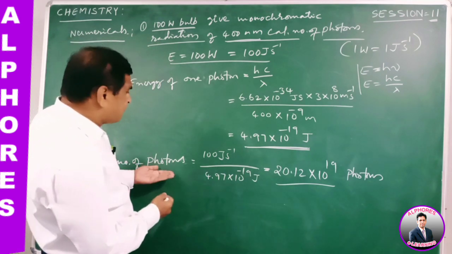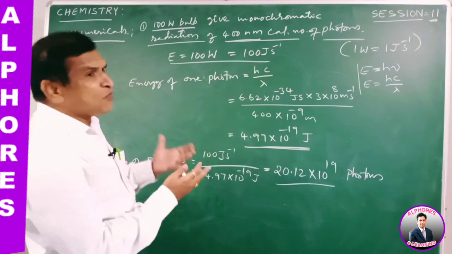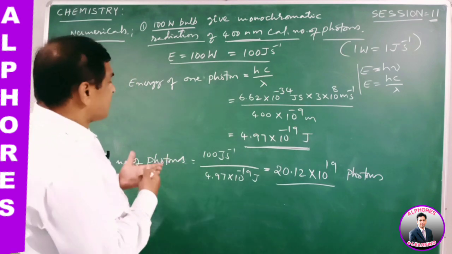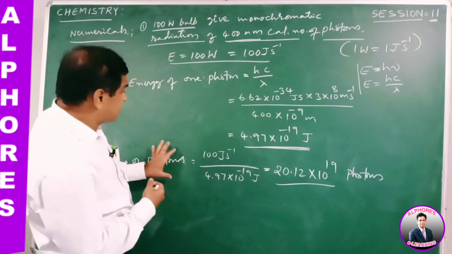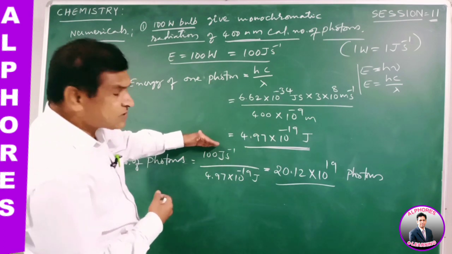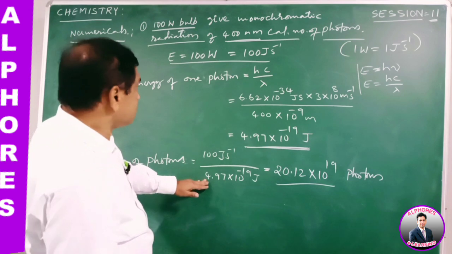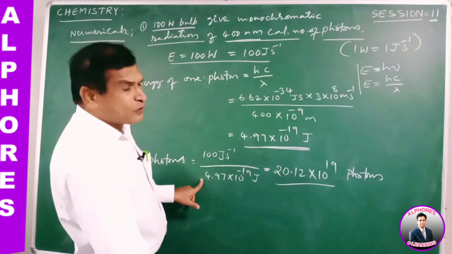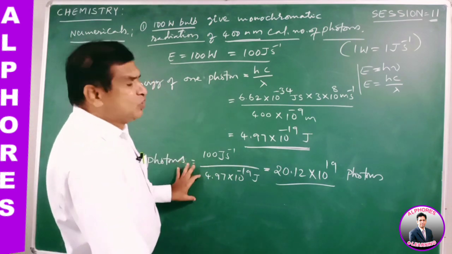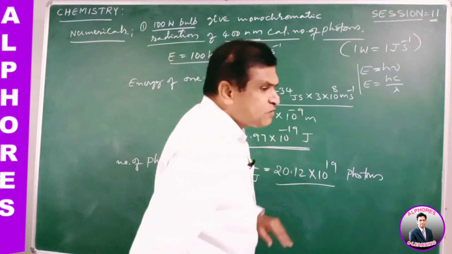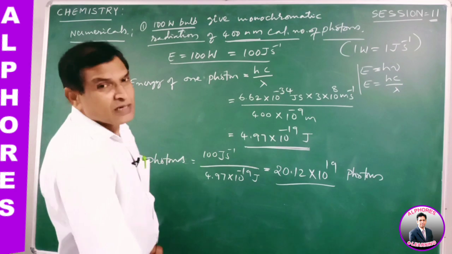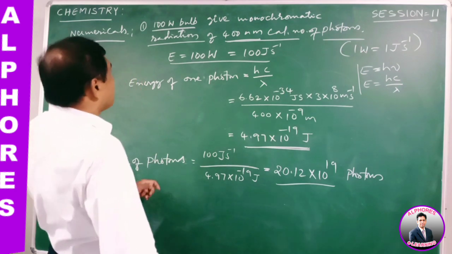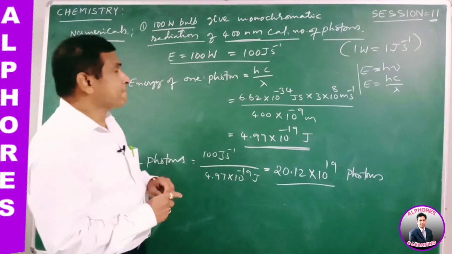The number of photons in 100 watt energy is the total energy, 100, divided by the energy of 1 photon. This many photons are present in the given energy light. Okay, that is one numerical on this.